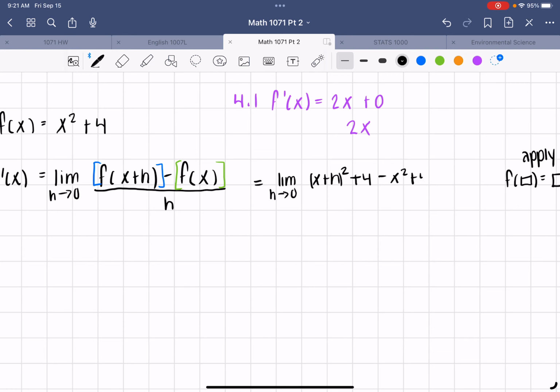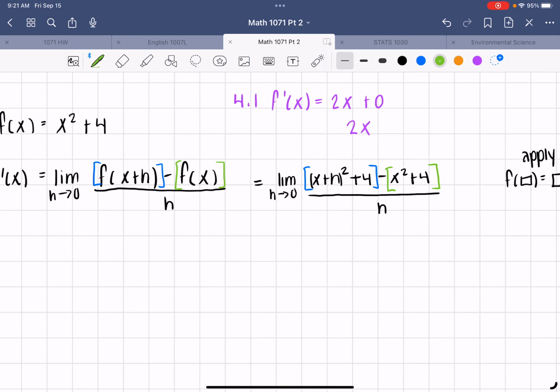Okay, before we go on, I grabbed my red pen because there's a problem here. When people go to work out this f of x plus h, so this blue step here, this problem occurs in the blue step.